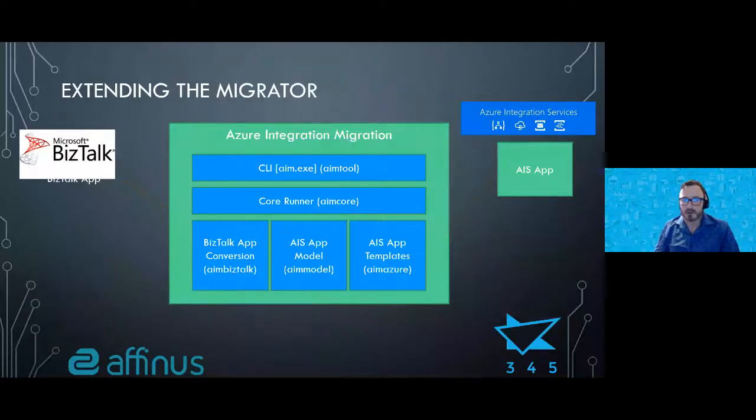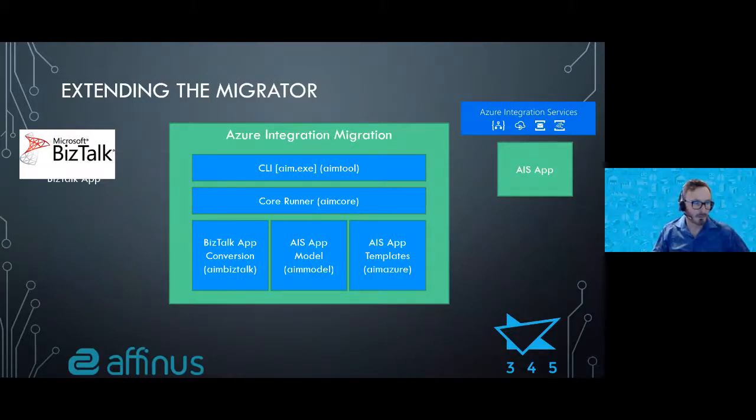So what we're going to talk about now is how you might extend the BizTalk Migrator. There are a couple of main possibilities for what you might want to do. I'm not going to go too much into detail on this, because Dan's going to talk about it a little bit later.